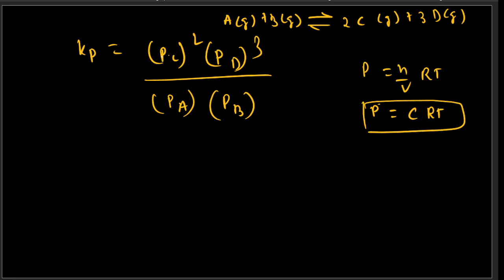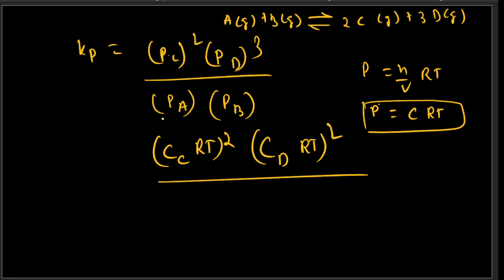So I will write P as CRT. So C_C RT squared, C_D RT cubed, C_A RT, C_B RT.